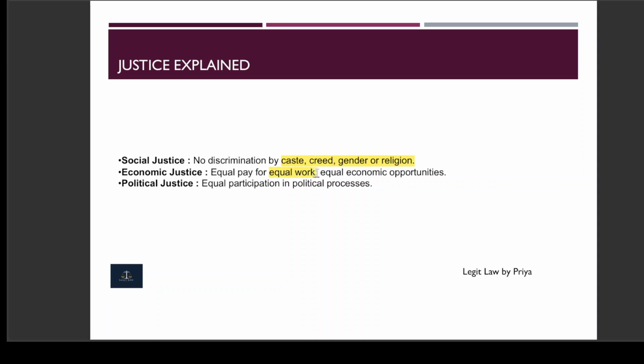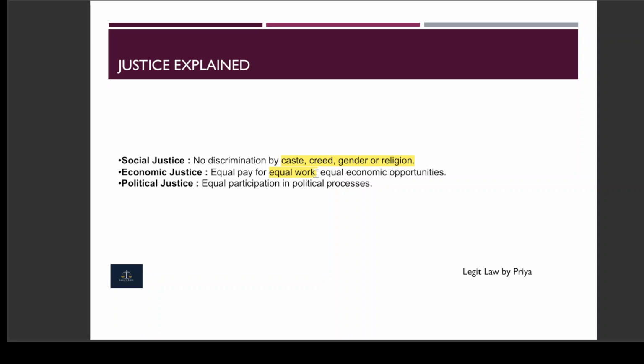If I'm a woman working in the fields with a man, I should get the equal pay that a man is getting. Then coming to equal economic opportunities: everyone should get fair access to job opportunities and vacancies around, and there should be no discrimination in those opportunities as well.